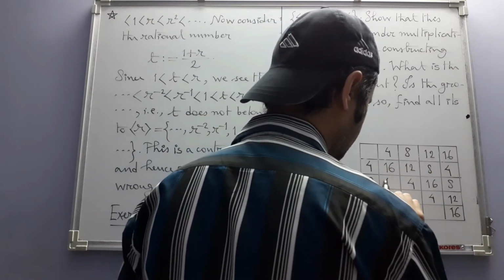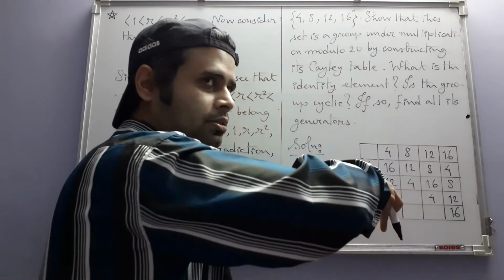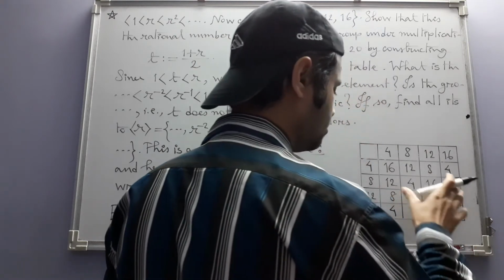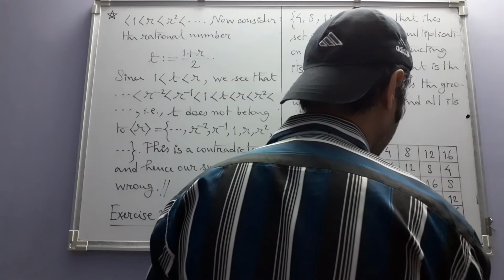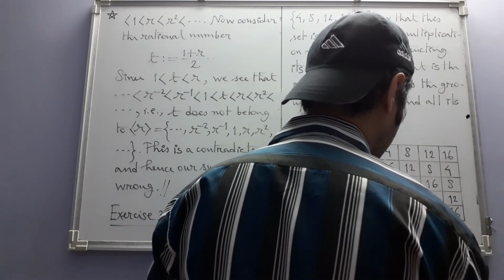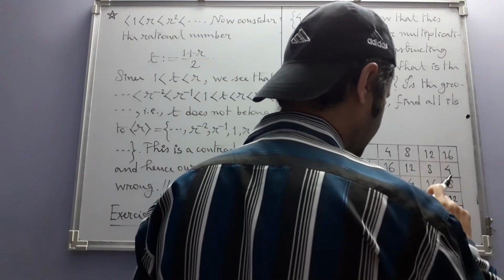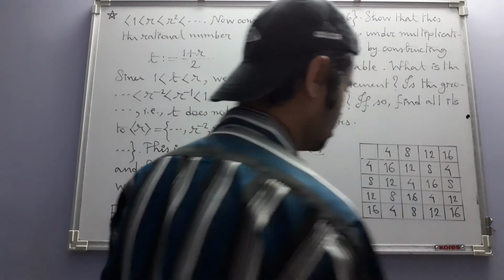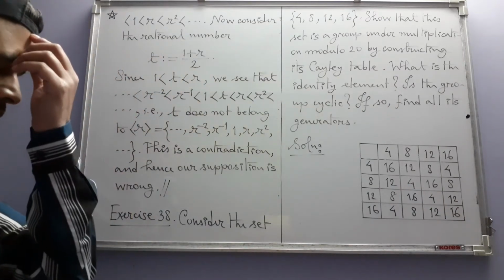That is, you make the first row the first column, 8, 4, you make the second row the second column, 16, 8, and you make the third row the third column. We already have 8, 16, 4, and we need 12. Okay, so this is the Cayley table.